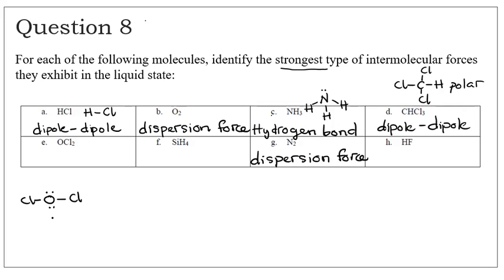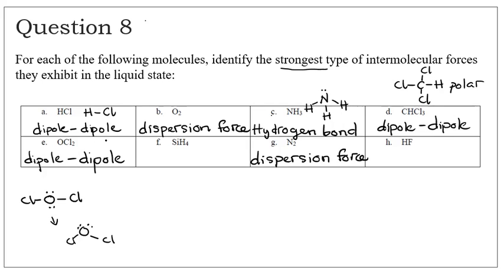It's very similar to H2O. So you have the two lone pairs of electrons, and then you have one chlorine here, and one chlorine here, something like that. So it's definitely polar, which means that the strongest intermolecular force present will be dipole-dipole.